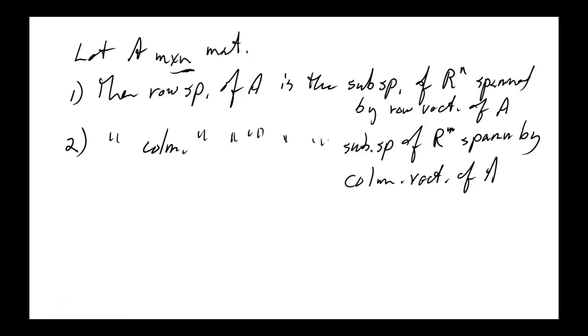Now, just in case it's going to get too crowded, let me go to a clean page here. Row equivalent matrices have the same row spaces.